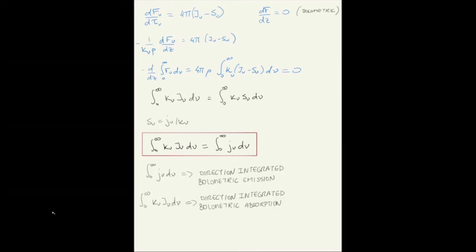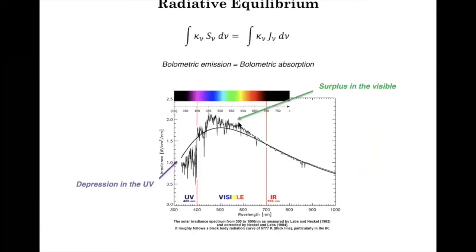How does that play out in the actual spectrum? You see, for instance, here, that the spectrum does not follow a precise blackbody curve, and not only because of the spectral lines. If you plot a blackbody curve with the effective temperature of the sun, you see that it matches here in lower frequencies, but you have a surplus in the visible and a depression in the UV.